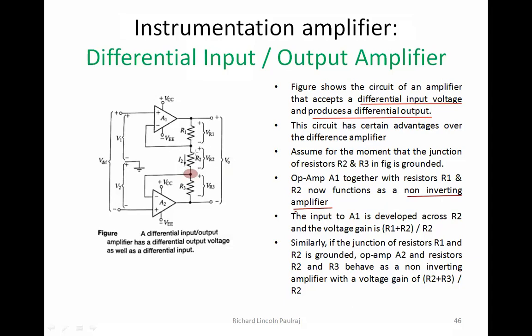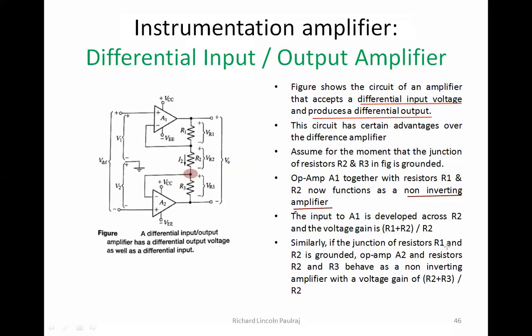Usually, at the denominator, we take the resistor which is not in the feedback loop. If I'm taking R2 and R3 and considering A2, it becomes R3 plus R2 divided by R2. Here I am doing the same thing, R1 plus R2 divided by R2. I'm not dividing by R1 or by R3, but taking the other resistor which is not in the feedback loop directly.